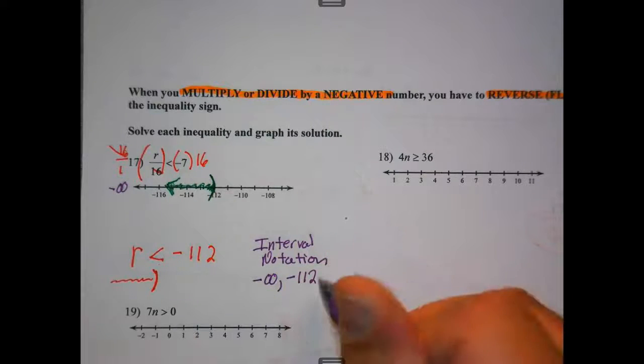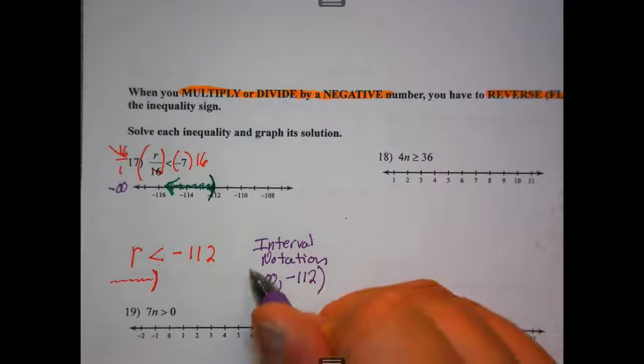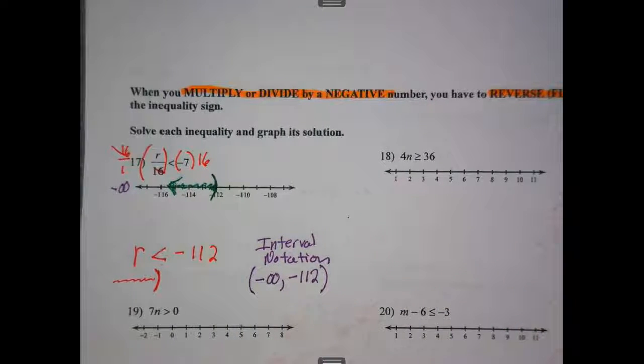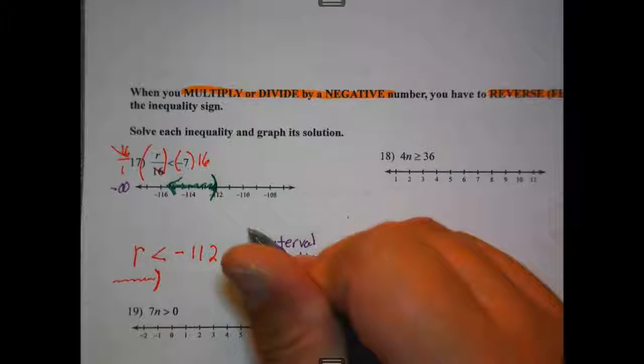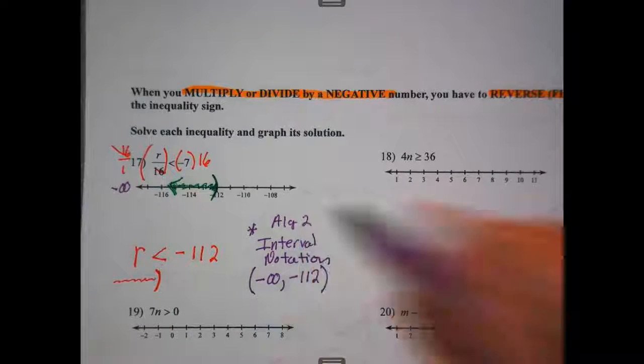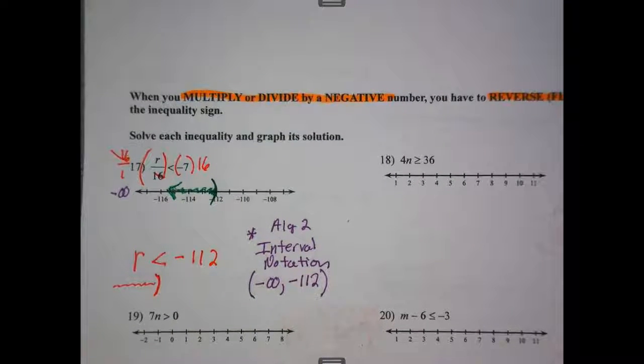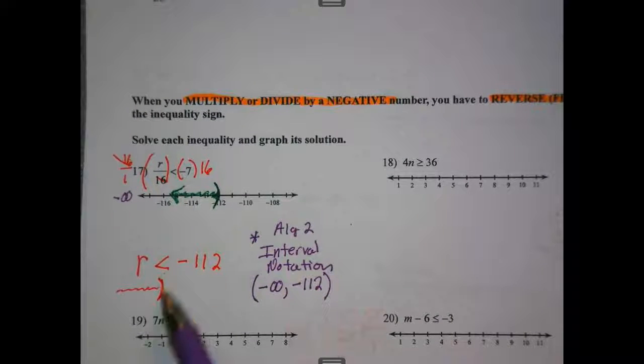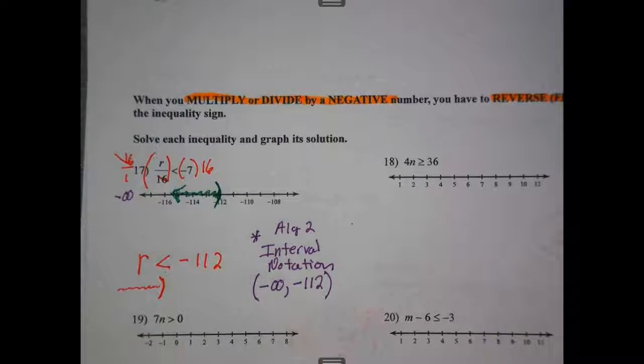This has the parenthesis, and infinities always get parentheses because you can never reach it. This is for Algebra 2. You're going to need it. For Algebra 1, just make sure you graph it correctly.